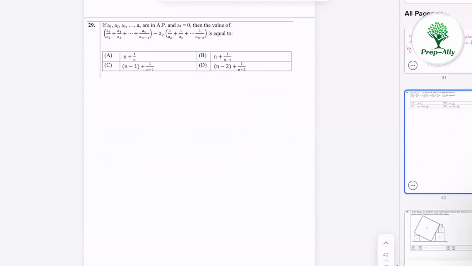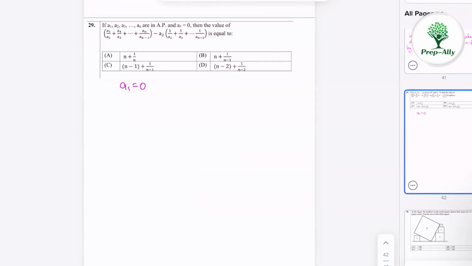So let's see question number 29. So we have A1, A2, A3 up to AN in an AP and A1 equal to 0, right? So the first term of the AP equals 0.